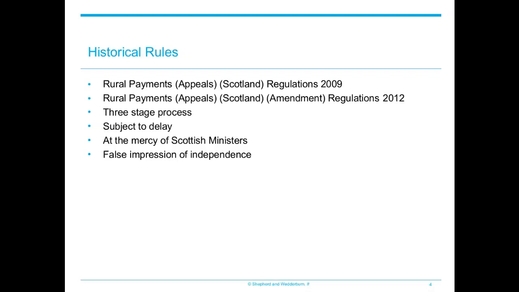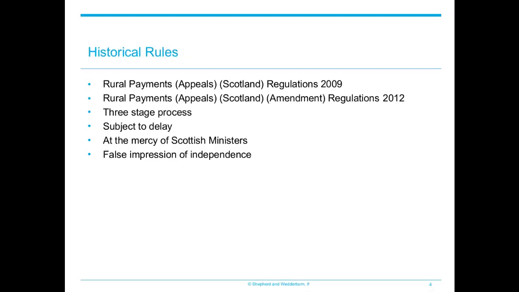And accordingly, although there was an impression of independence in relation to the appeals process because of the existence of the independent appeals panel, that impression was in fact false, because Scottish ministers retained the power and often did overturn the decisions of the independent appeals panel.